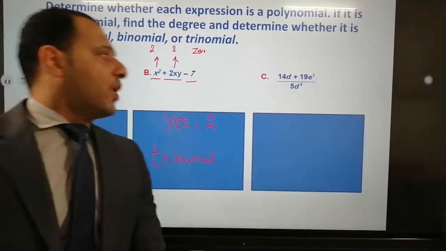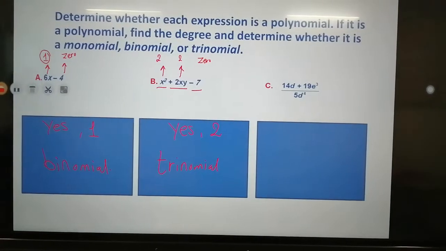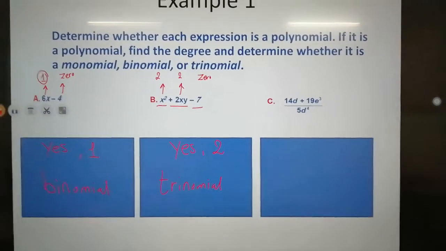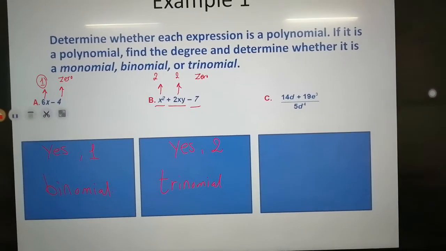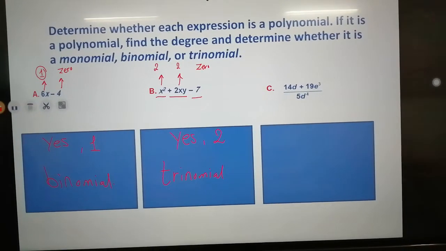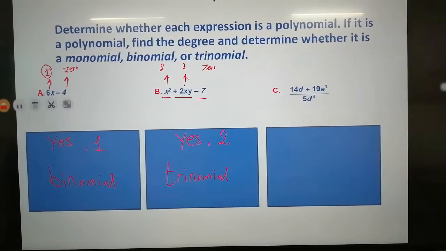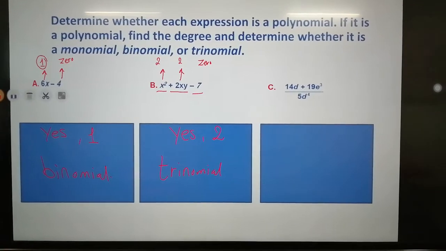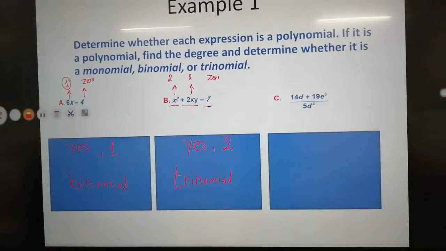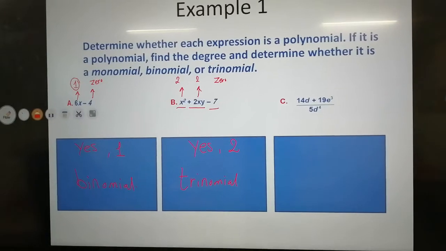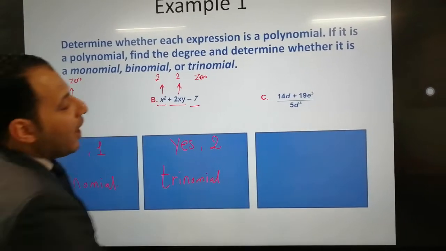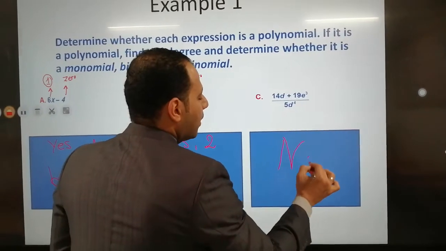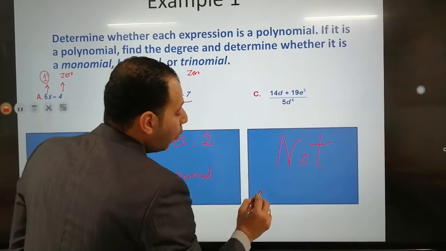I'm going to the third problem. The third problem is talking about 14d plus 19e power 3 over 5d power 4. What about this? Okay, so yes, with fact. It's not a polynomial? Why? Excellent. So it's not a polynomial. Why not?